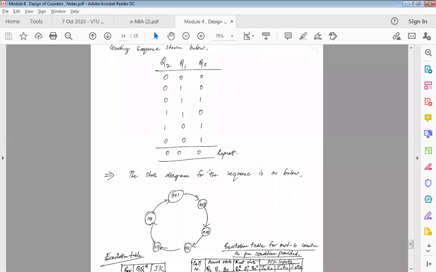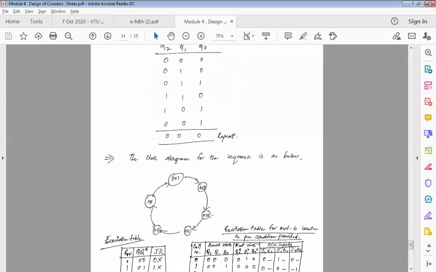So what I will do is make a state diagram. I'll draw a state diagram, and first start with the initial state, which is 000. I will start with this state, and next it is going to 010 and then 011.